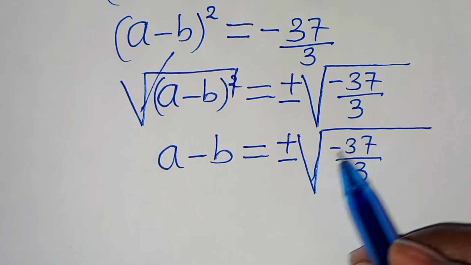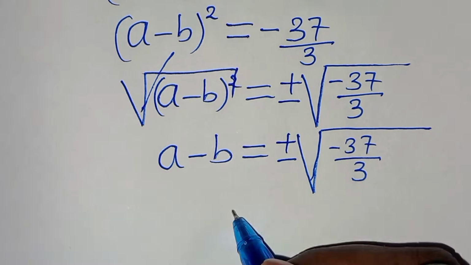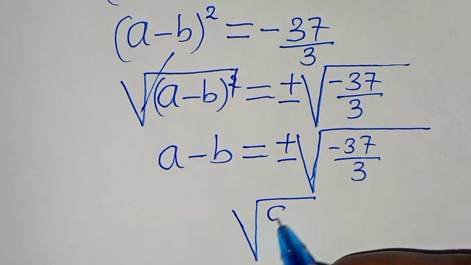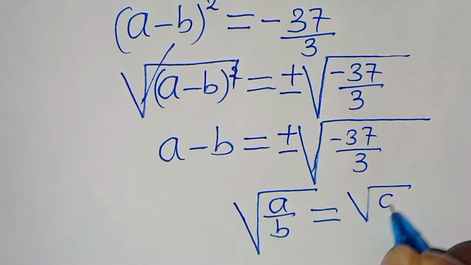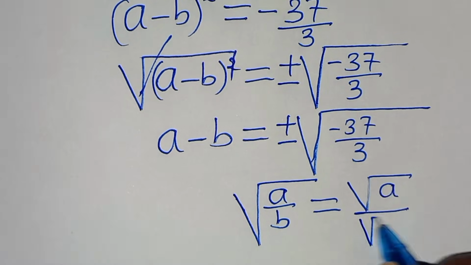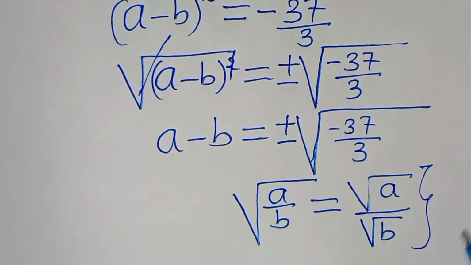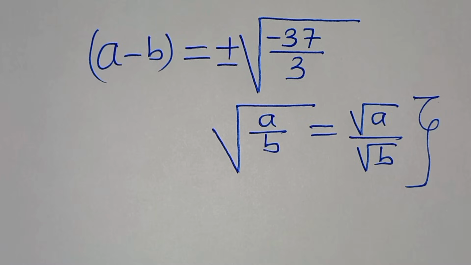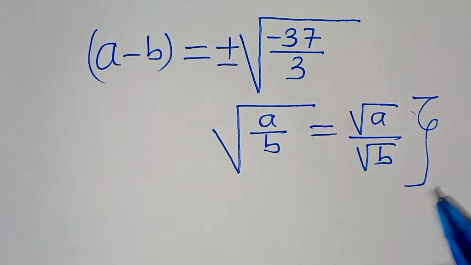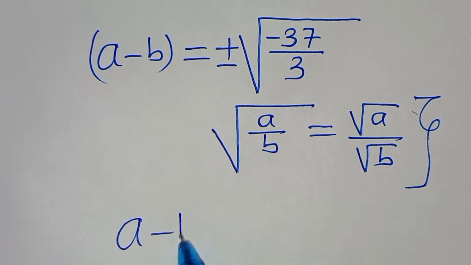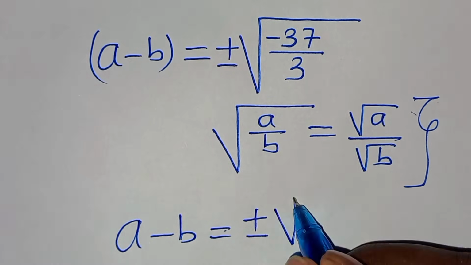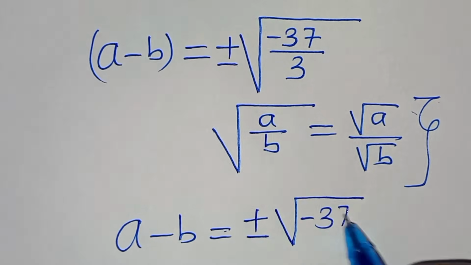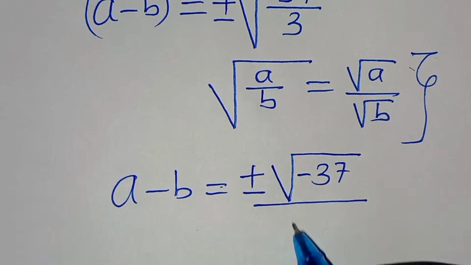Now, the square root of minus 37 over 3 is in the form of square root of a over b, which we can express as square root of a divided by square root of b. Now, applying this property, we have a minus b equal to plus or minus the square root of minus 37 divided by square root of 3.